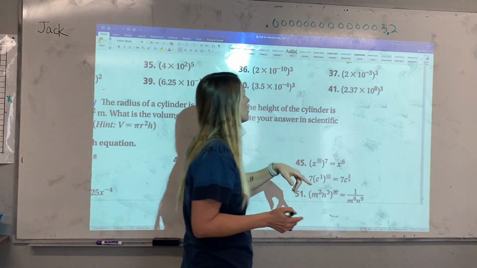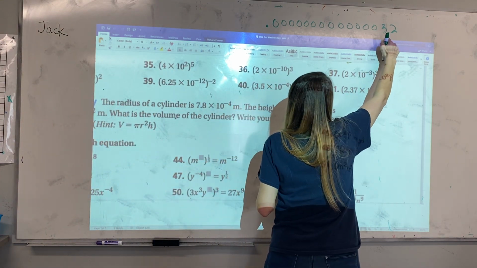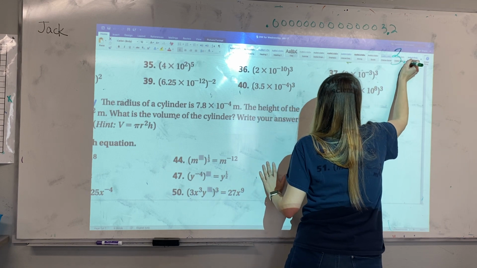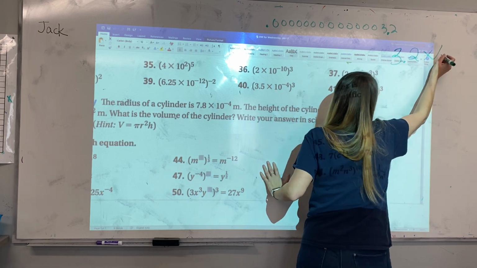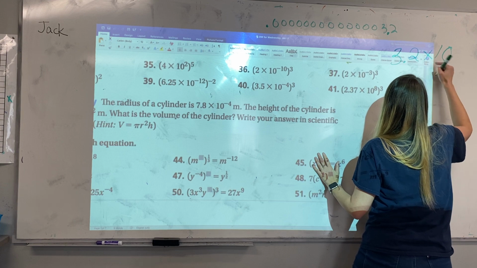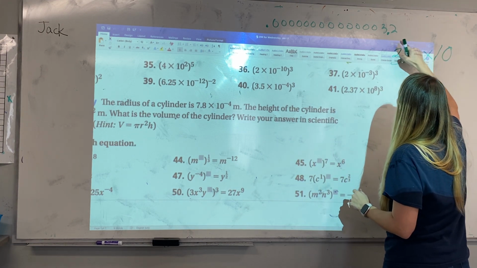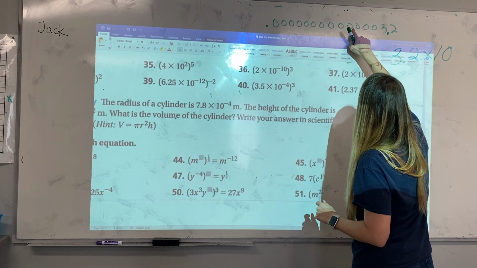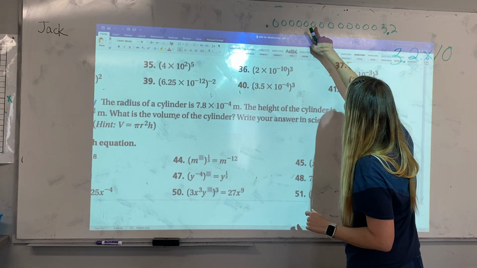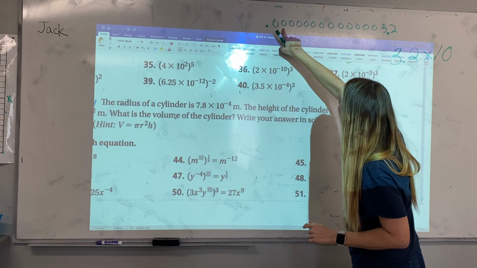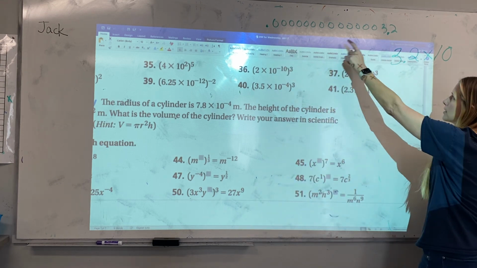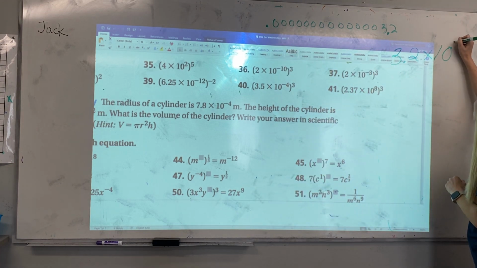But here, the number wouldn't actually be 3.2. You would have to represent where the decimal actually belongs: 1, 2, 3, 4, 5, 6, 7, 8, 9, 10, 11, 12, 13, 14, because it's all the zeros and this guy. So it'd be 10 to the negative 14.